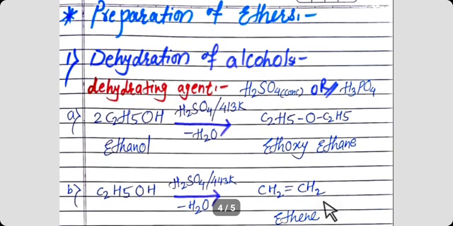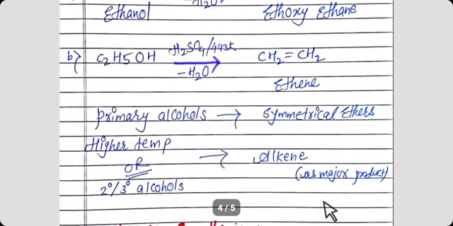Symmetrical ethers can be obtained from primary alcohols by this method only. Primary alcohols form symmetrical ethers. In another condition, when we use a higher temperature or secondary or tertiary alcohol, the alkene is the major product.